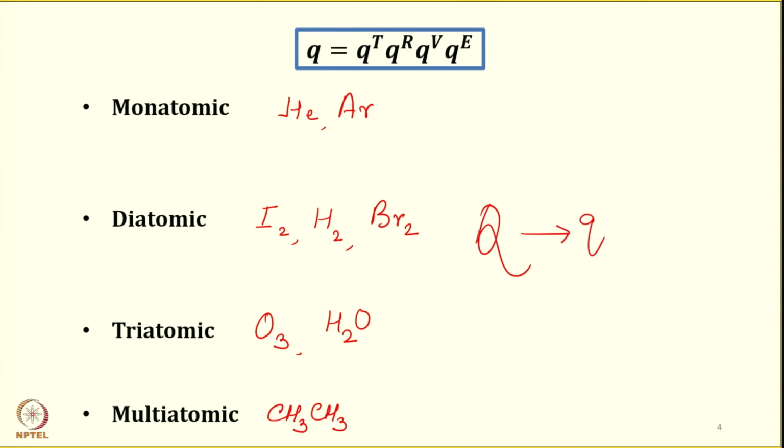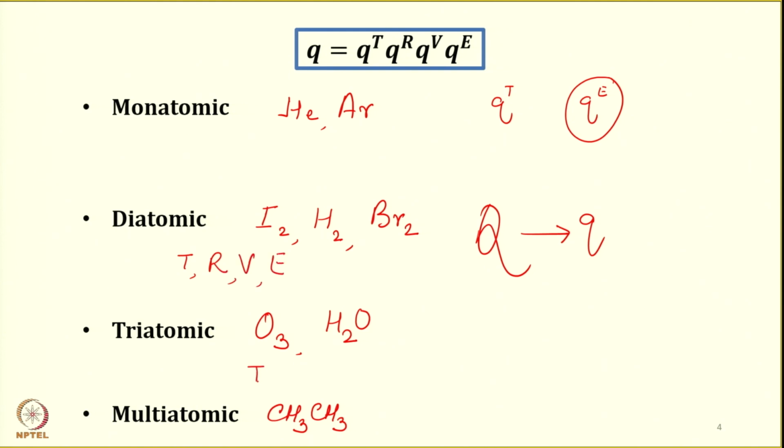Right. Here, if you are dealing with monatomic, that is helium, argon, then only the translational contributions will come in. That means here you will mostly worry about translational and of course electronic. We already discussed that electronic contribution is very small. When it is diatomic, now you will have translational, rotational, vibrational, electronic.